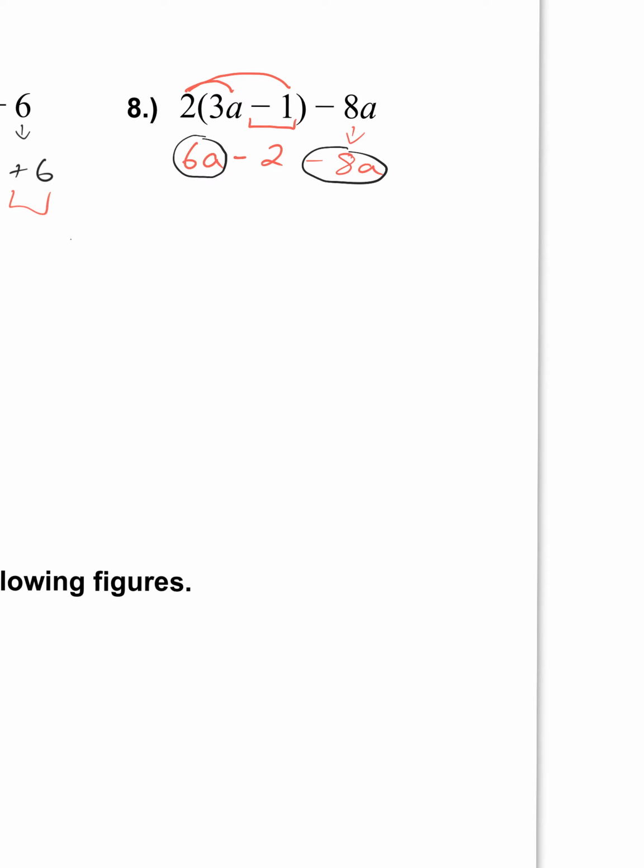If you remember, we combine them by adding the coefficients. 6 plus negative 8 gives us negative 2. We just give them the same last name as they had before. That a stays there. And our only other thing left is our negative 2. Since there's nothing to combine with it, we just bring it right down. So that final simplified expression is negative 2a minus 2.